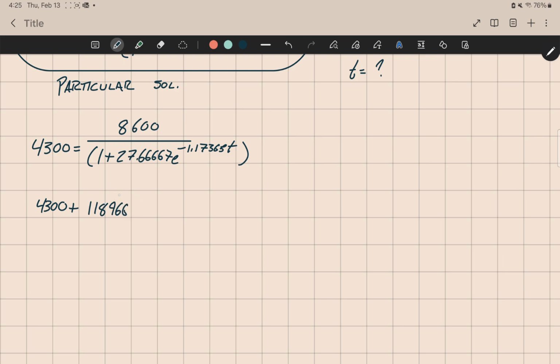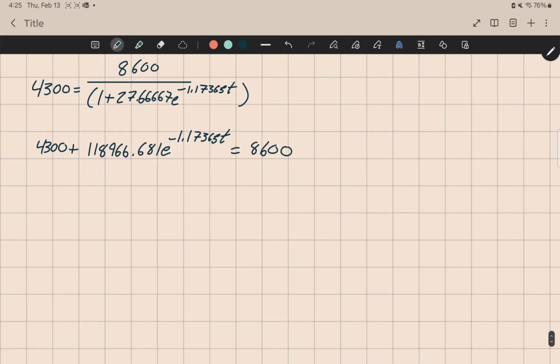Ugly 6s. Lots of ugly 6s. 118,966.681 e to the negative 1.17365 t equal to 8,600. And then that's an easy one.